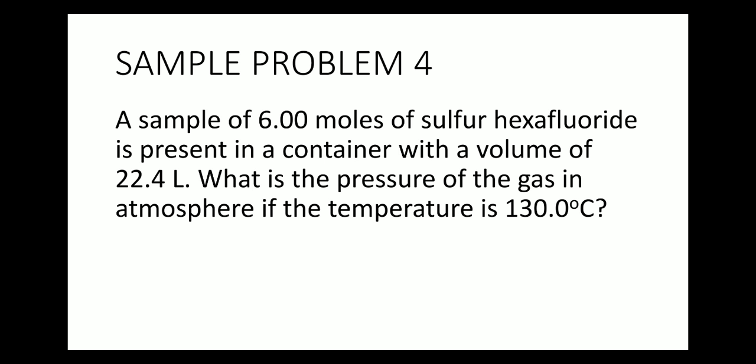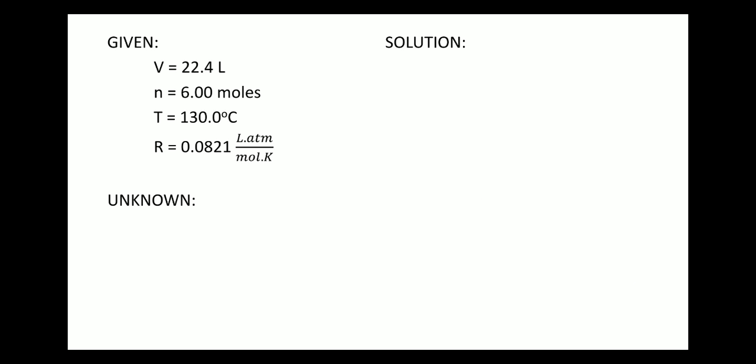Okay, so I guess this is the last example. A sample of 6 moles of sulfur hexafluoride, always sulfur hexafluoride, is present in a container with a volume of 22.4 liters. What is the pressure of the gas in atmosphere if the temperature is 130 degrees Celsius? Writing the given: V is equal to 22.4 liters, n is 6 moles, temperature is 130 degrees Celsius, R is equal to 0.0821 liter atm per mole Kelvin.